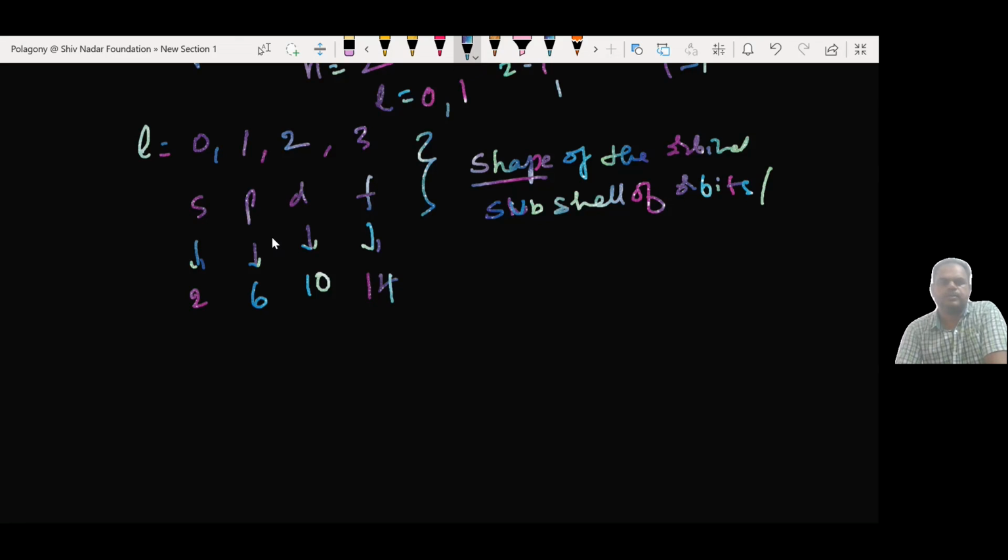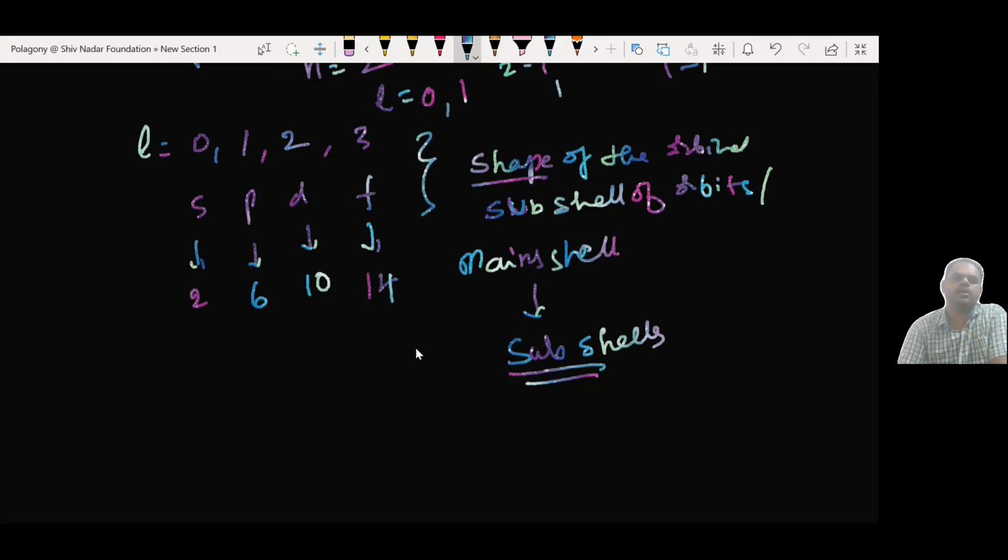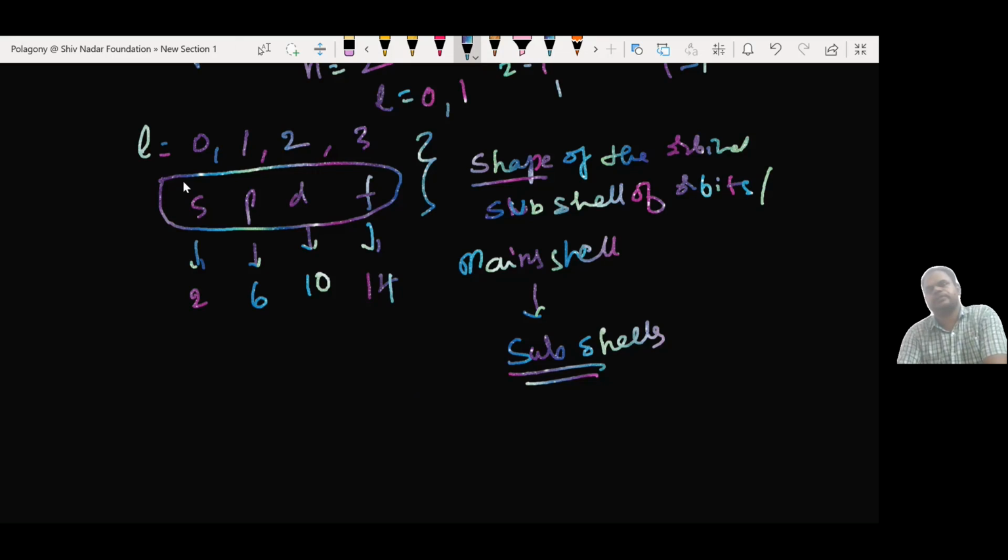That means the main shells are further divided into subshells, and these subshells are called S, P, D, F orbitals. Okay, so this is about the azimuthal quantum number. That means the energy of an electron is quantized.